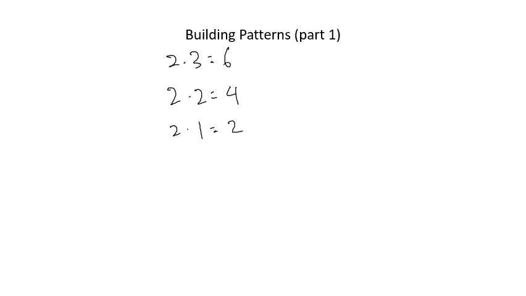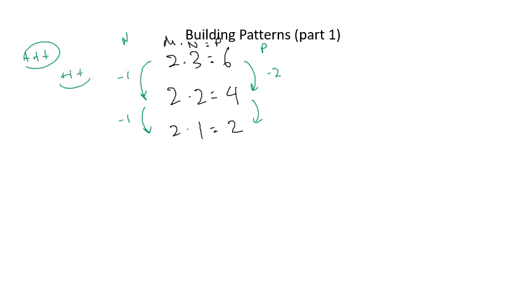And so we can see that if we take m times n equals p, my n is decreasing by 1, and my p is decreasing by 2. I mean, this should make sense. Students should be able to recognize that I have two groups of 3: 1, 2, 3, 1, 2, 3.